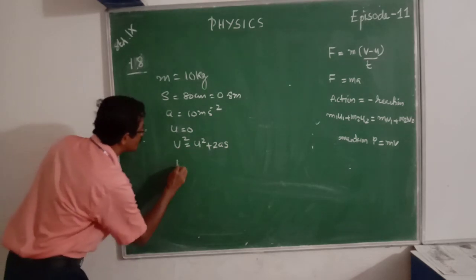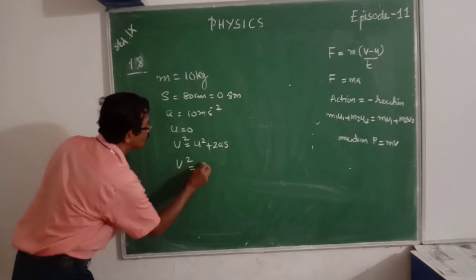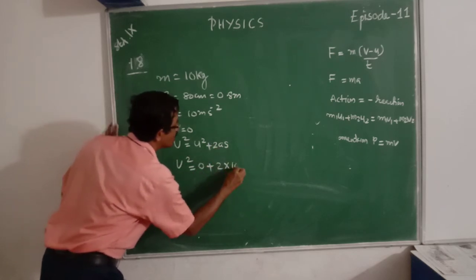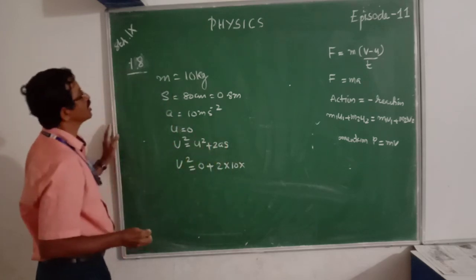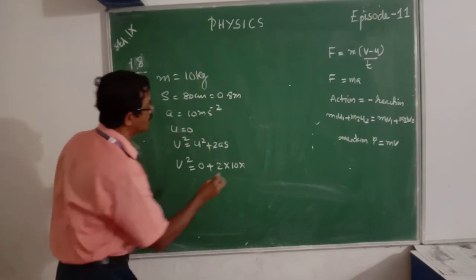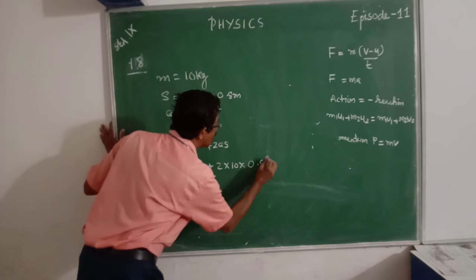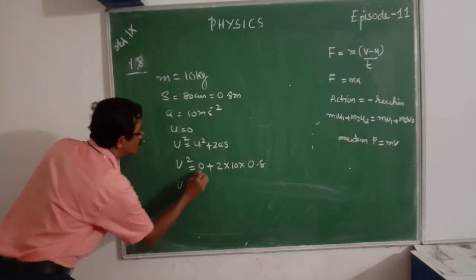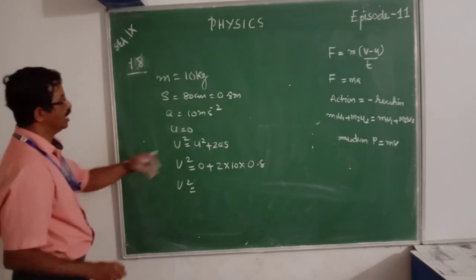Here v square is equal to u, which is 0, plus 2 into a, which is 10, into s, which is 0.80. Now u square is 0, we can leave it.